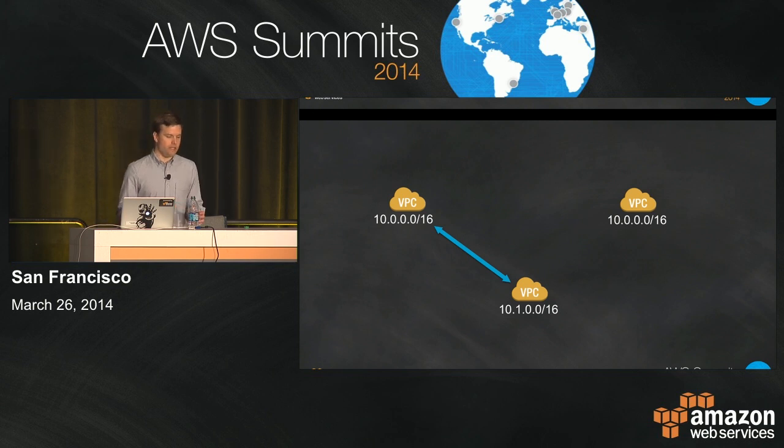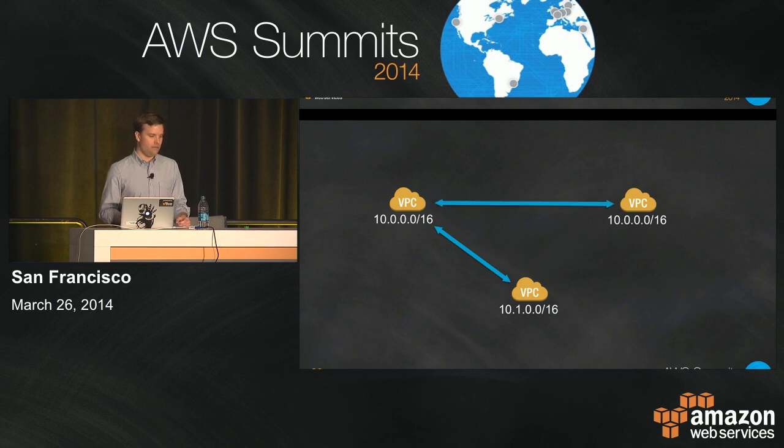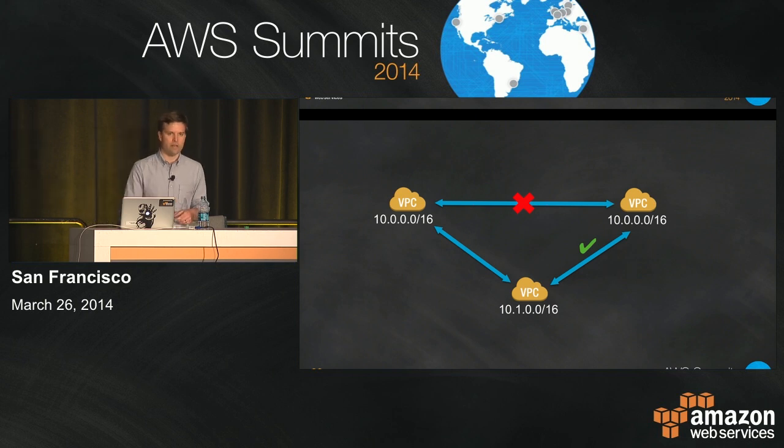As you see here, we bring in another VPC, which has the identical IP space of that VPC, and we try to create a peering connection, and that obviously fails. But interestingly, we can do this: one VPC can be peered to two VPCs that have the same space. And we'll show how that works in a minute.